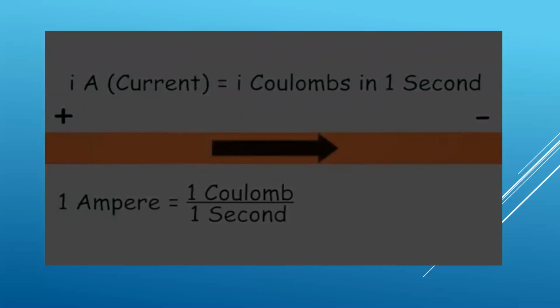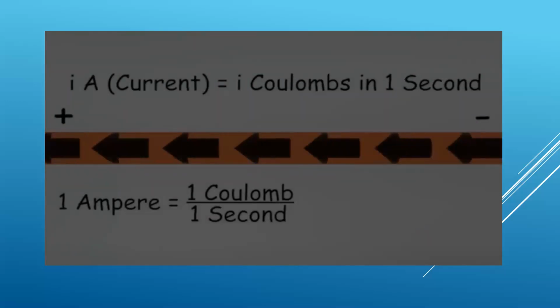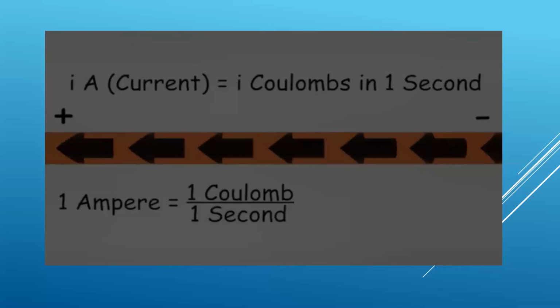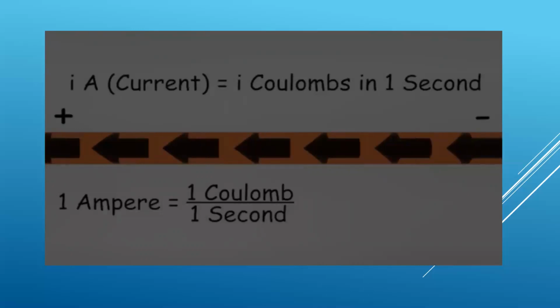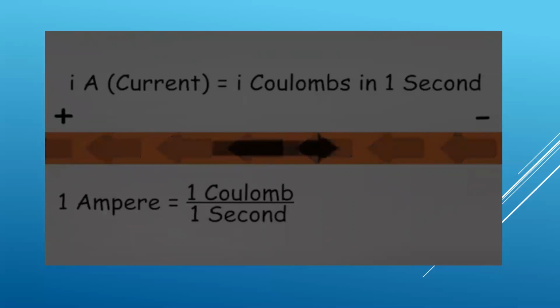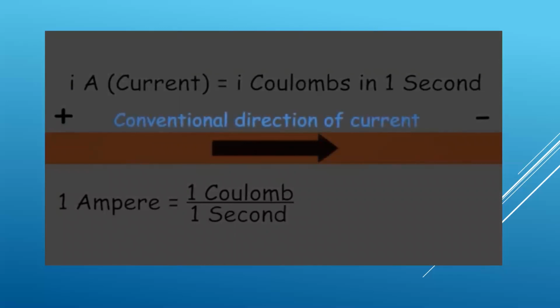So it was assumed that electrical current flows from positive side to negative side of a conductor. This direction is still taken as the direction of current. Although in metallic conductor, movable negative charge flows from negative side to positive side, the conventional direction of current is taken in opposite of the flow of negative charge in the conductor, such that the current is caused by flow of positive charge. This is conventional direction of current.